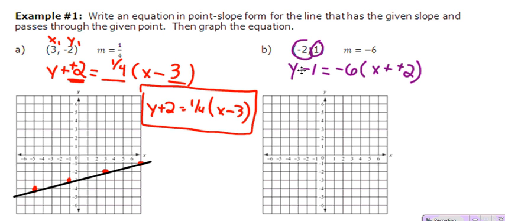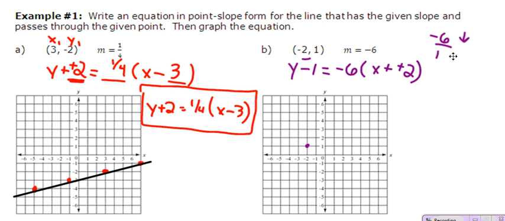That's point-slope form. So from here, I'm going to graph it, right? My ordered pair, we can see that better now. My ordered pair is -2, 1, so I make a point at -2, 1. And then my slope is -6. Now this is -6 over 1. The 6 is negative, which means we go down.